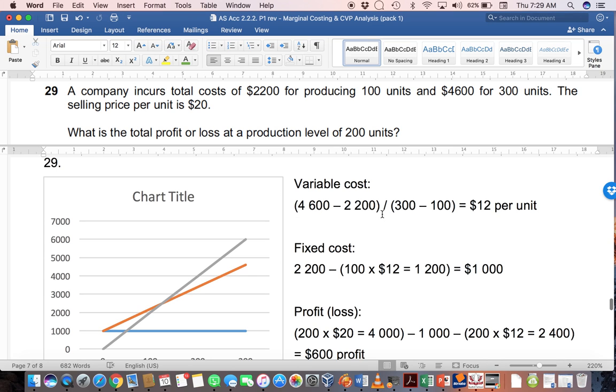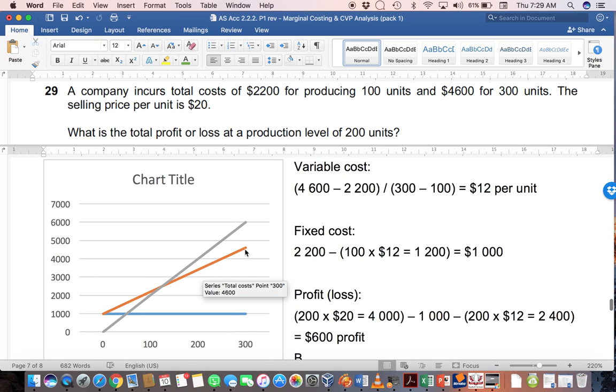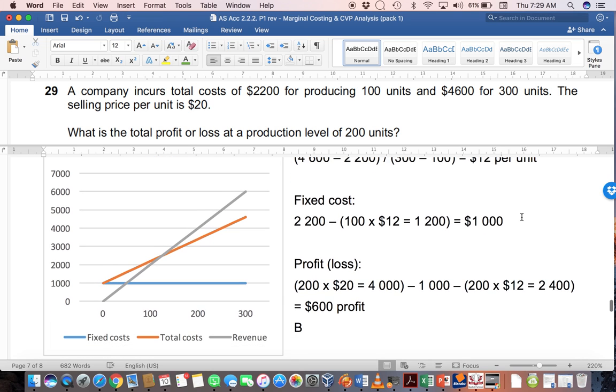So therefore, what I'm going to do for my calculation is I'm simply going to take my two total costs of 4,600 minus 2,200 to work out what the variable cost changed by, and I will divide that by what the quantity changed by, the 300 minus the 100. And doing that, this is looking at this gradient over here between the 100 and 300 units at that point there, and I will find out that my variable cost is actually $12 per unit.